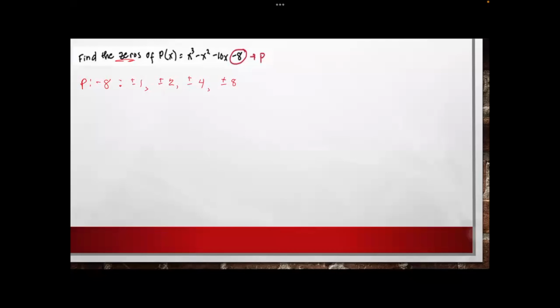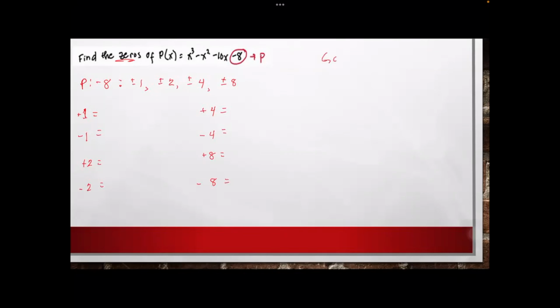Why is it positive and negative? Because we have two given in our integral: one positive and one negative. So we have here positive 1, or let me just say 1 and negative 1, then positive 2, negative 2, positive 4, negative 4, then positive 8 and negative 8.